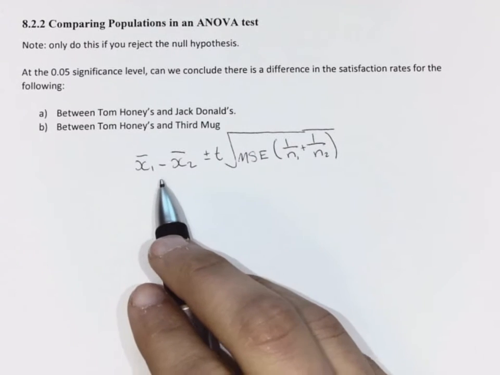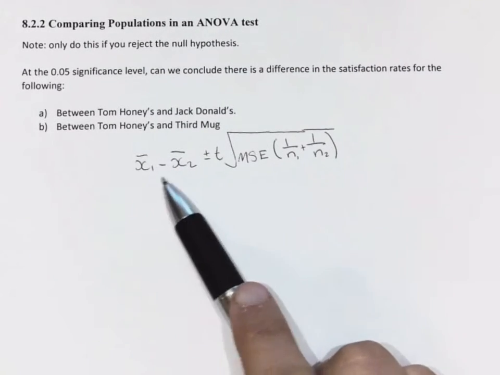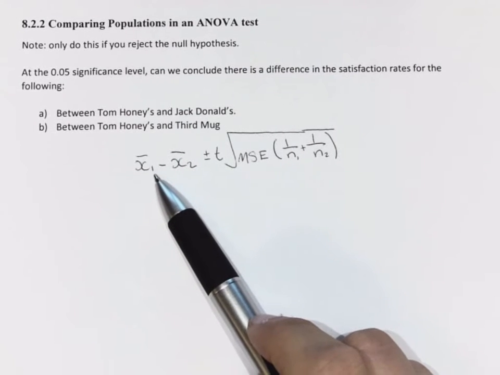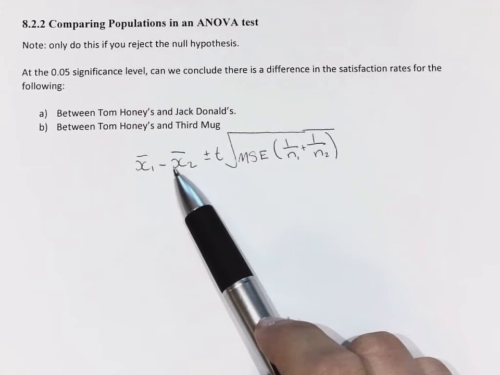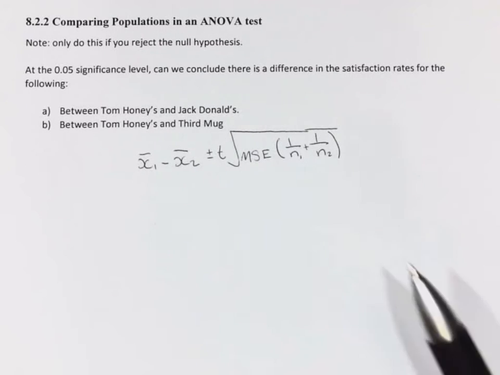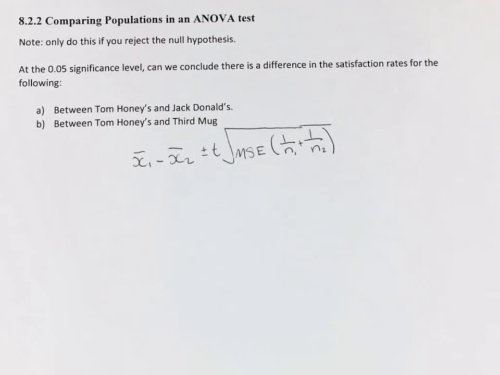So here we're setting up our intervals. So we'll have the difference between our mean of the first sample and mean of the second sample, and we can set up our range with this. I'll go through each individual variable as we enter them in.